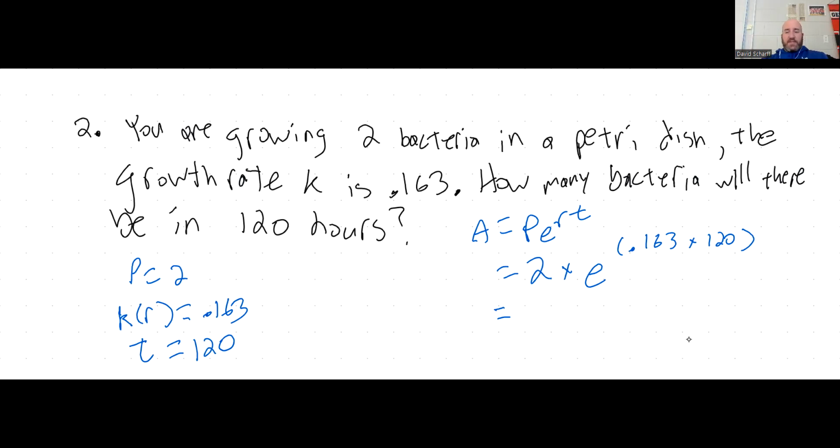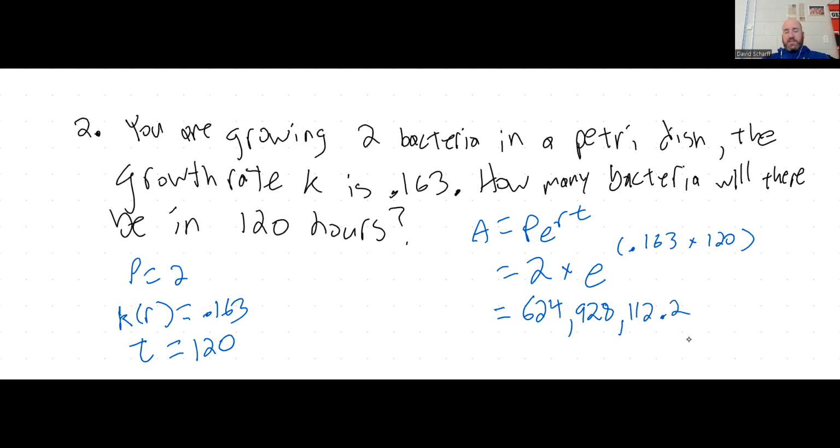2.718 times itself 20 times, and then multiplied by 2 again. So that's going to be an incredibly large number, right? So we got 624 million, 928,112.2.